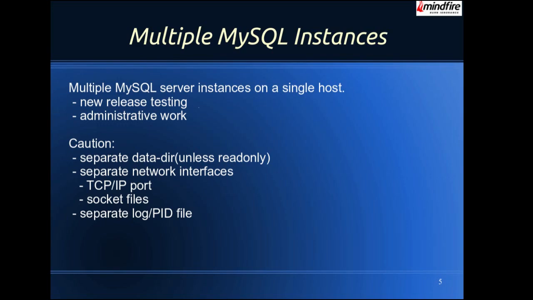If they are on the same host, they should talk on different ports. They also have to have different socket files and a different log file or PID file, otherwise it doesn't make sense.